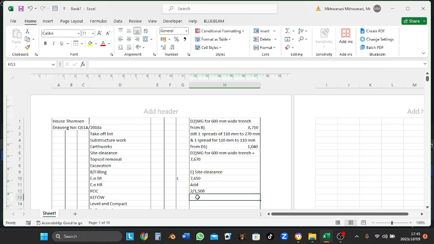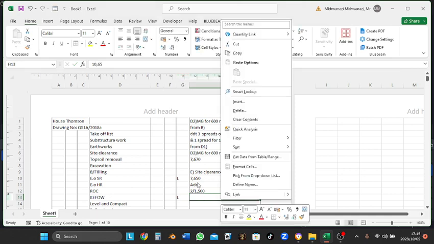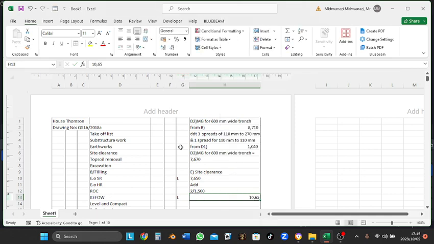And then the length for site clearance is going to be 10.650 meters. This is the length for the site clearance. Let me just remove this one.